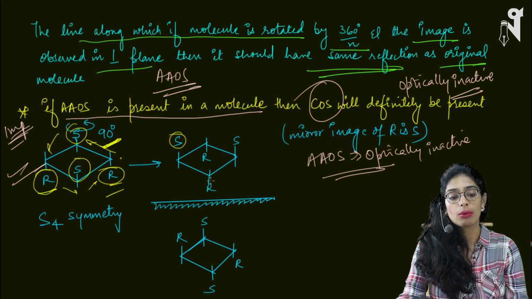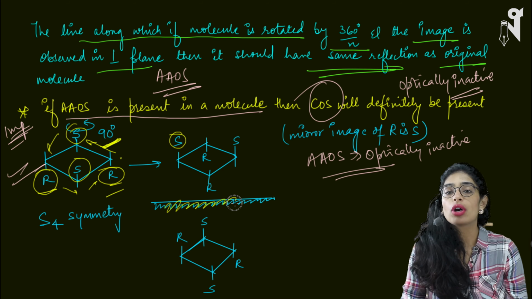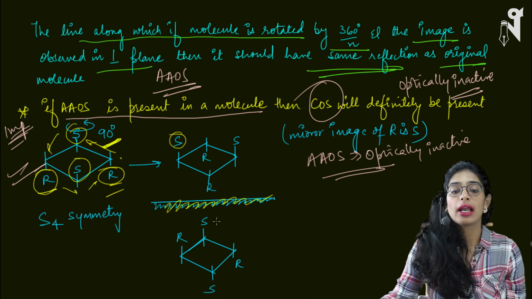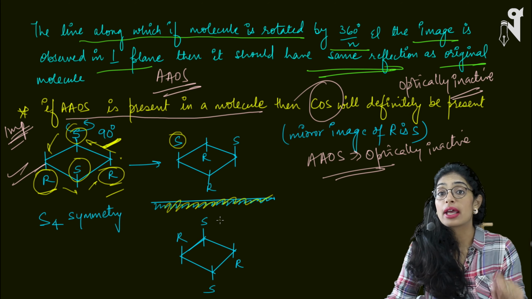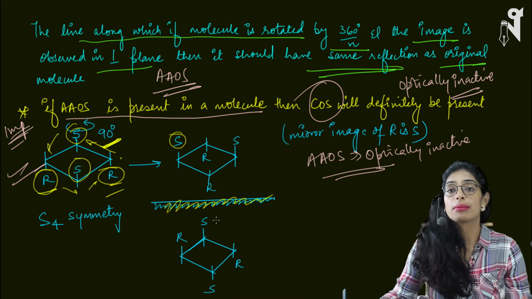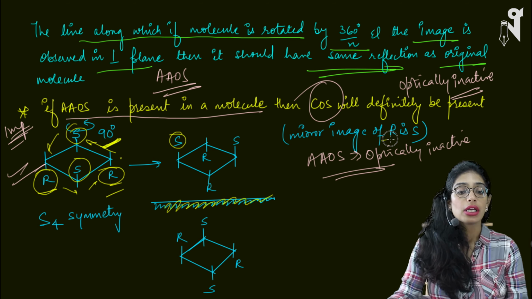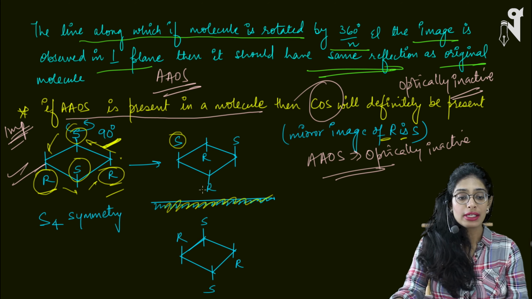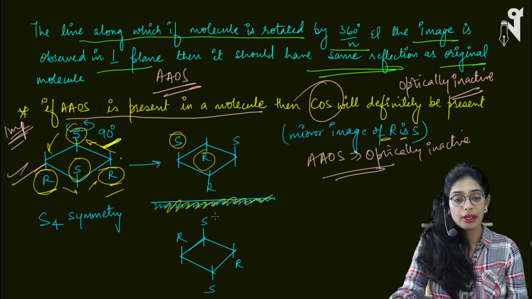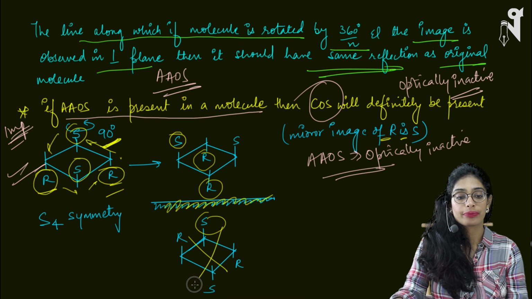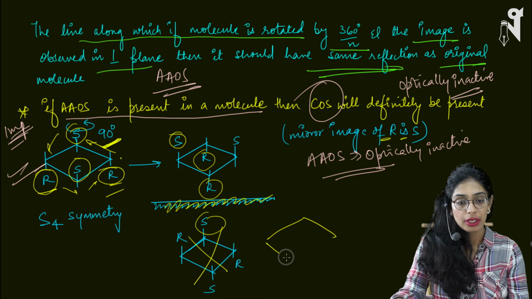Now I'll place a mirror down here, and what will I see? Always remember one important thing: R is the mirror image of S and S is the mirror image of R. The mirror image of R is not R, the mirror image of S is not S. So when I place the mirror, what will I see? I think I have written it wrong over here, it should have been here.